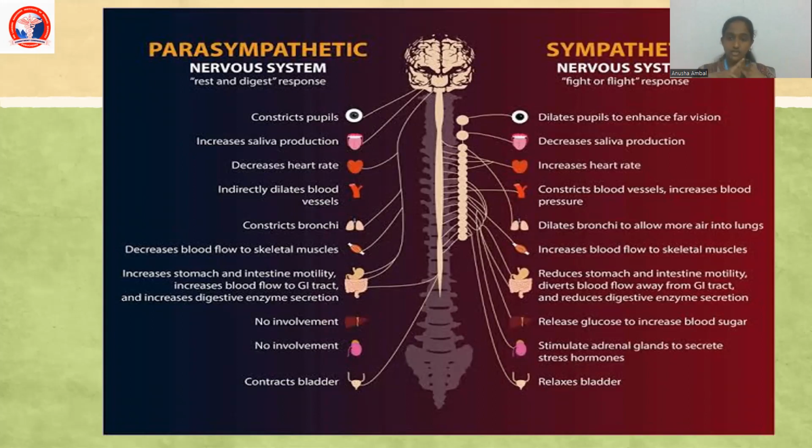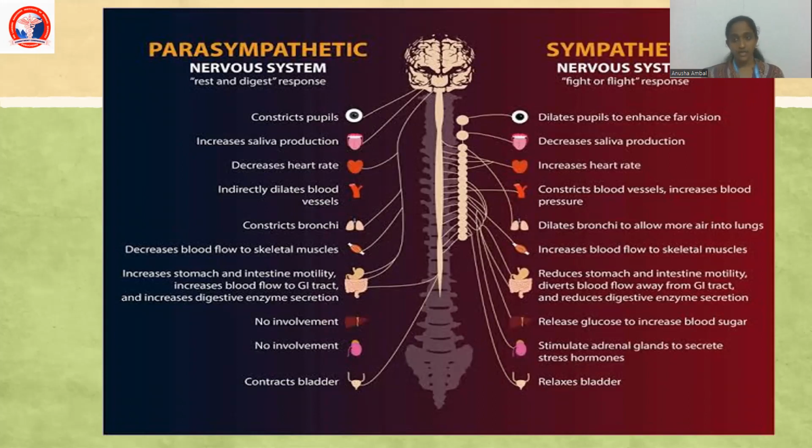There will be a relaxation of the bladder. For all these actions to take place, you should have energy, the skeletal muscles should not cramp or get tired. So you need an abundance of glucose, so glucose release will increase. And for all these things, at the very first step, whenever you are afraid of something and facing a flight or fight response, immediately adrenaline is stimulated.